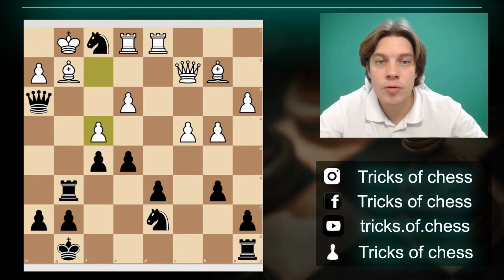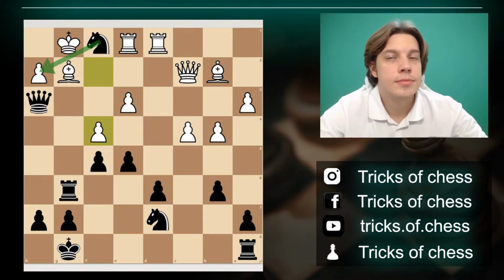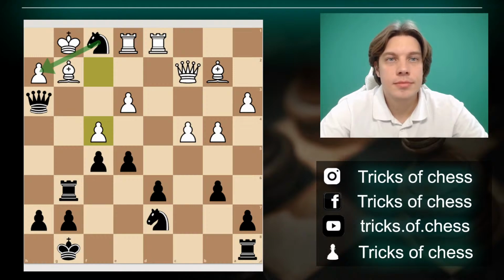Who can tell me what's wrong with the f4 move? What happens then? Can we still play knight h2 or not? What do you think? Yes, knight h2 doesn't work.